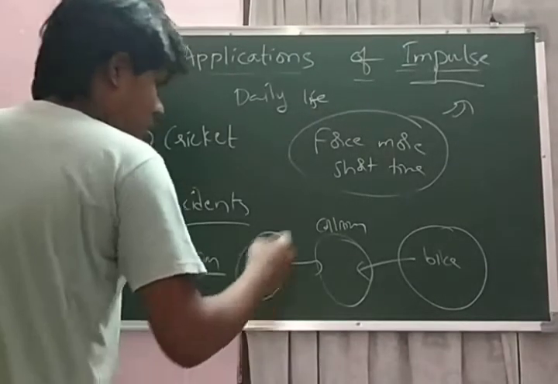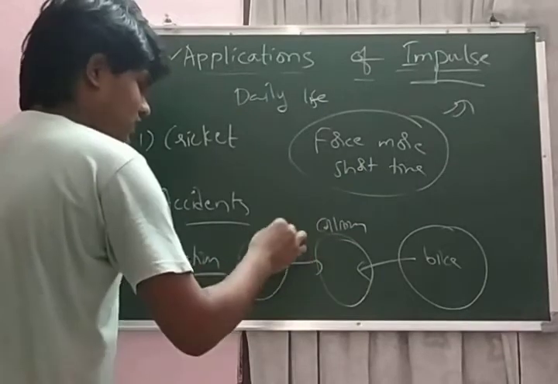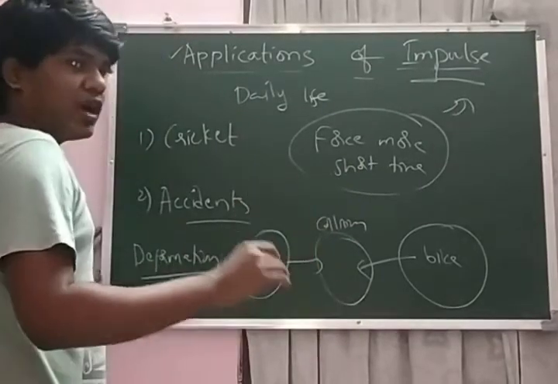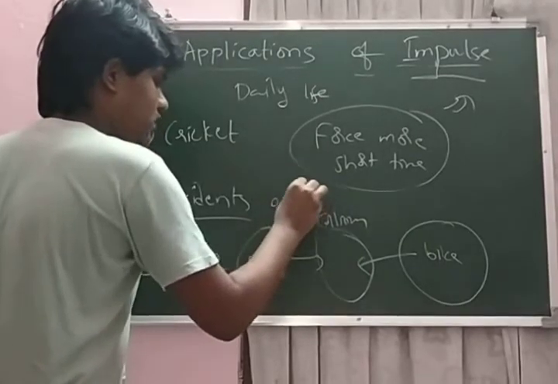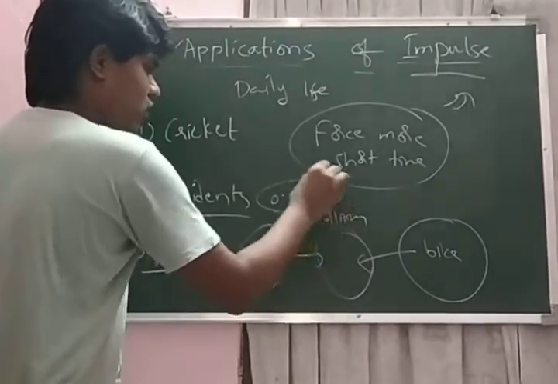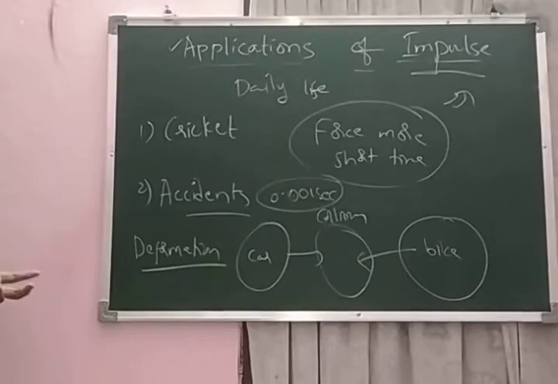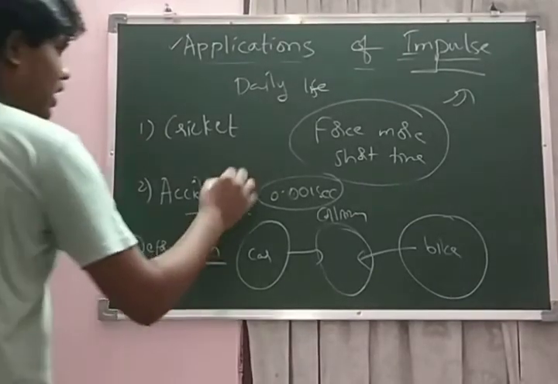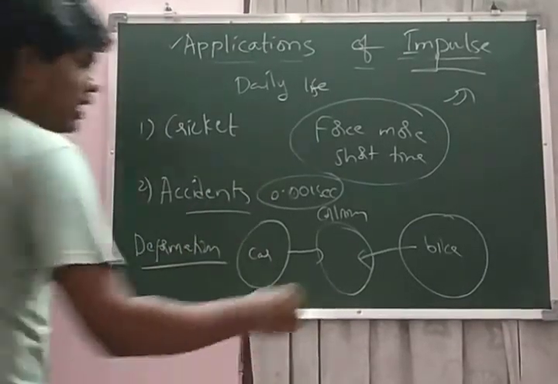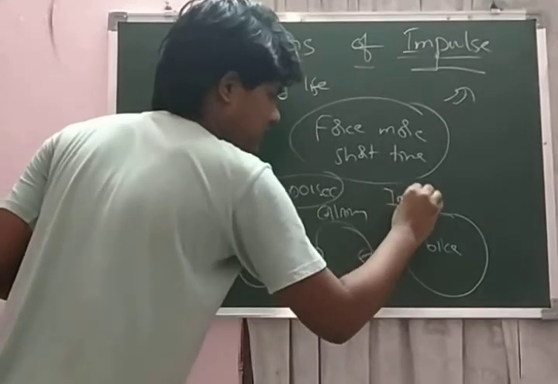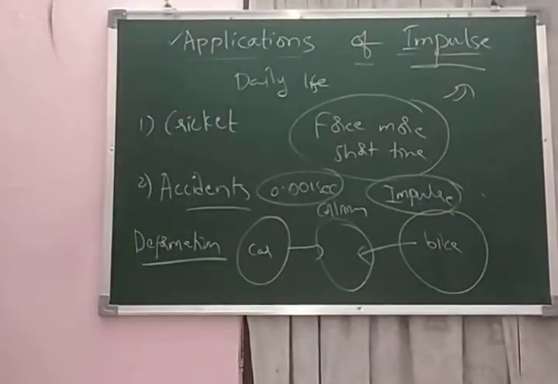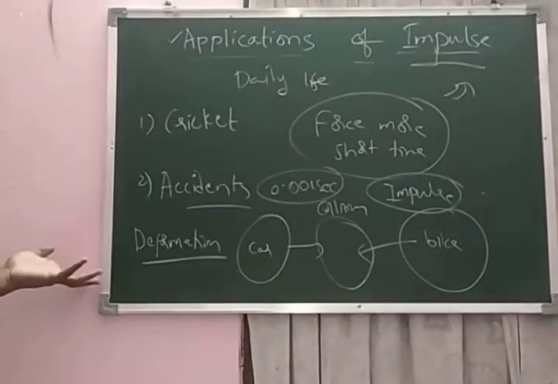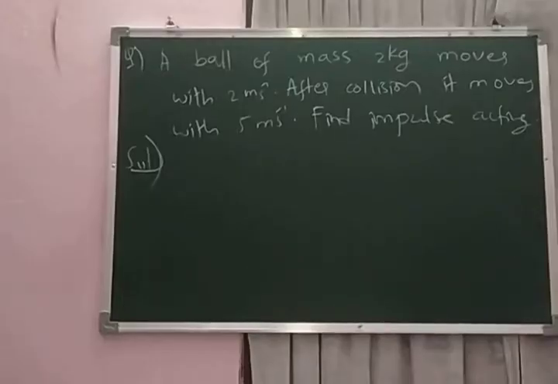So here a large force acts, but the accident occurs in a very short interval of time, like for example 0.001 seconds. So negligible time. In a negligible interval of time the accident occurs. So it is said to be an example of impulse. So these are the 2 examples of impulse in daily life. In many situations you can see impulse.